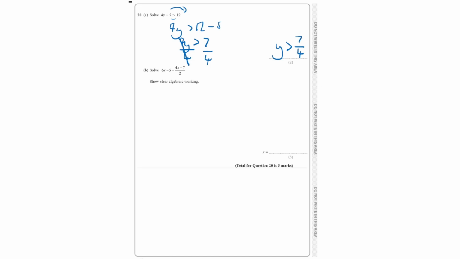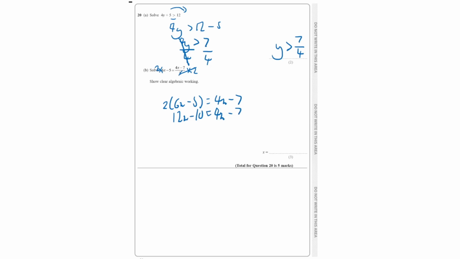Solve 6x minus 5 is equal to 4x minus 7 divided by 2. Show clear algebraic working. So first off, I can see that we can multiply by 2 on both sides to get rid of this denominator. So 2 times 6x minus 5 is equal to 4x minus 7. This simplifies to 12x minus 10 is equal to 4x minus 7.